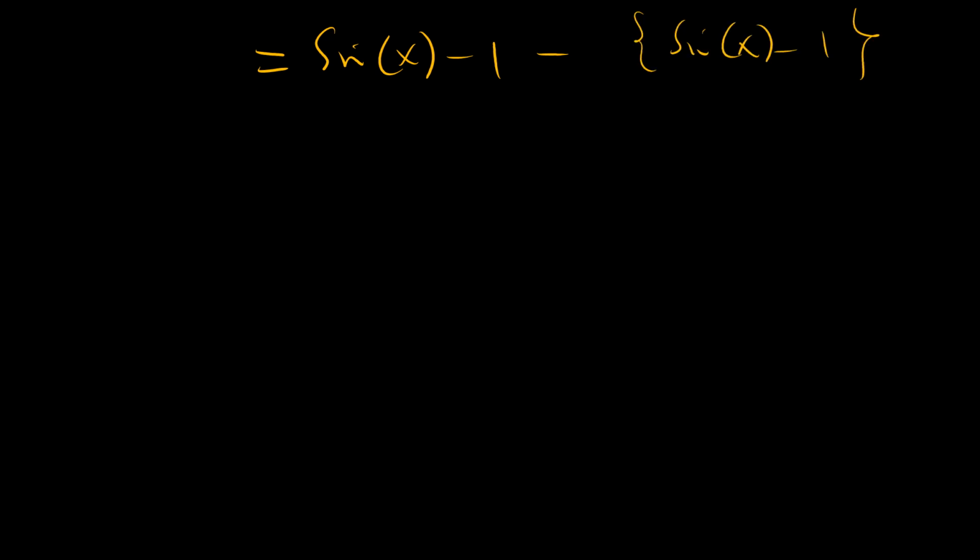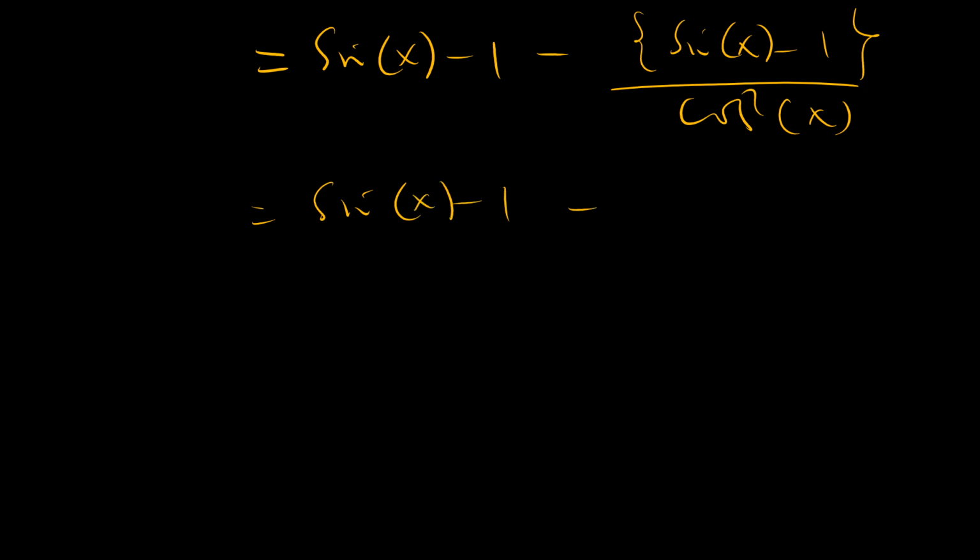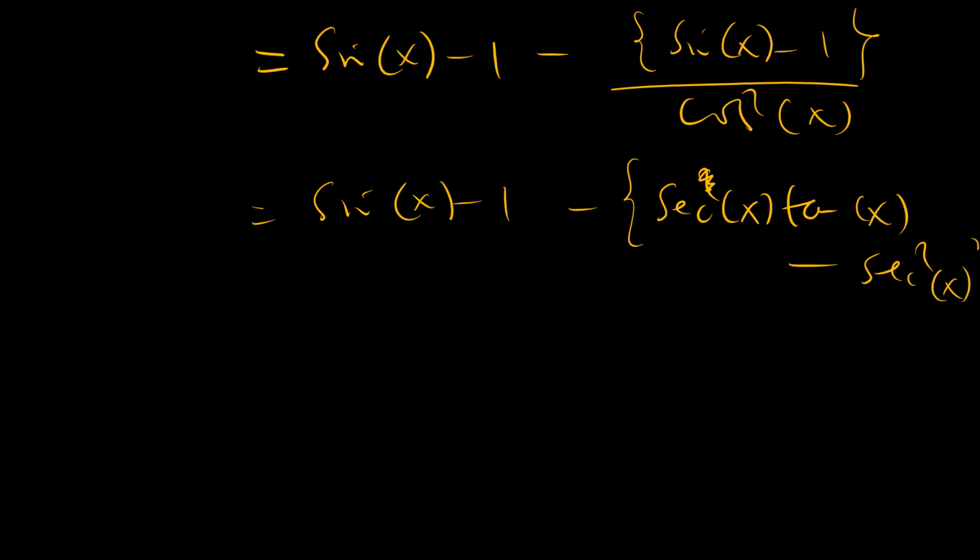So this equals sine x minus 1 minus sine x minus 1 over cosine squared x. As we can see here, we have sec x tan x minus sec squared x.